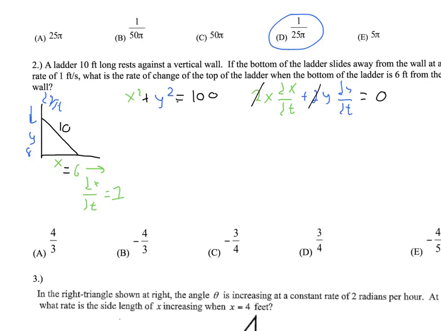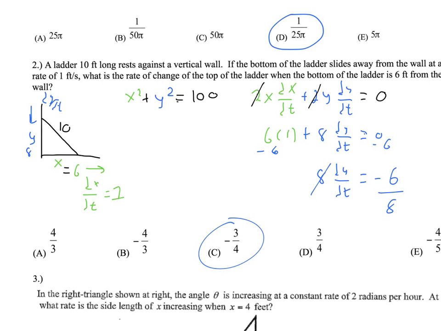These 2's are going to cancel, so let's put in 6 times 1 plus 8 times what we're looking for is equal to 0. 8 dy/dt is equal to -6, because if we subtract 6 over from both sides, and then we divide both sides by 8. Then -6 over 8 reduces to -3/4.